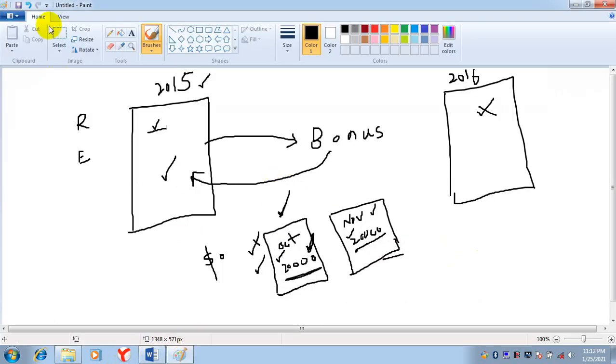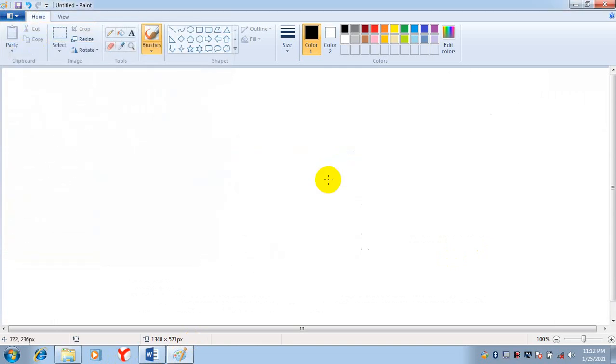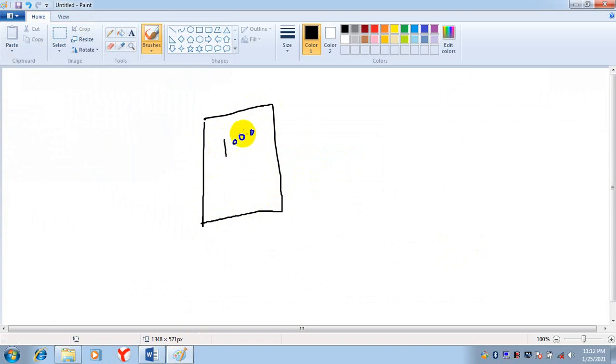Here is another example. ABC Consultant provides services. They agreed that they will provide services of $1,000 in this month, suppose November.